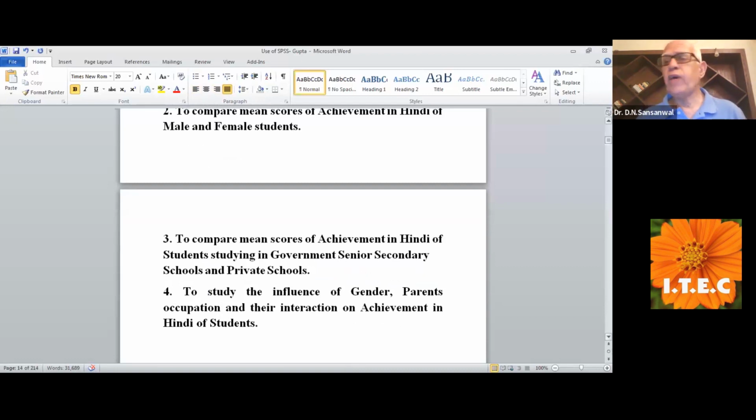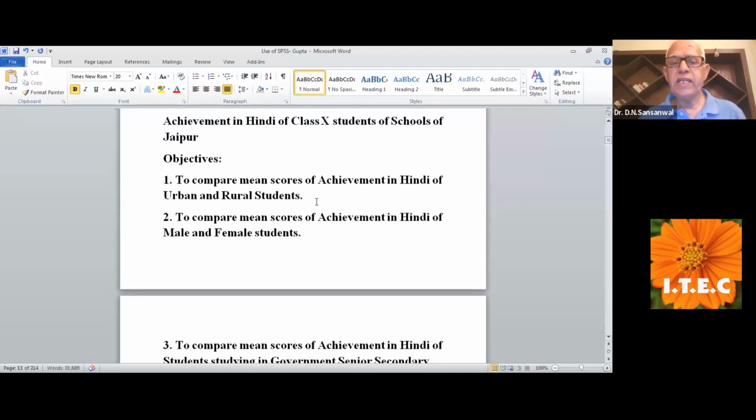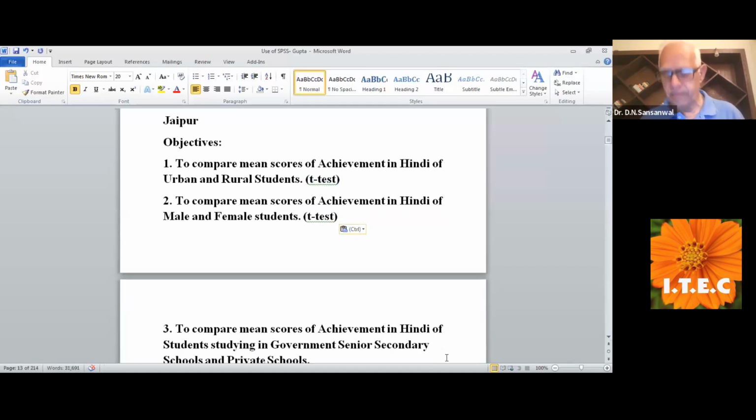Now, if you are writing something like this, then I have to analyze the data with the help of t-test. And for the second also, I have to analyze with the help of t-test.